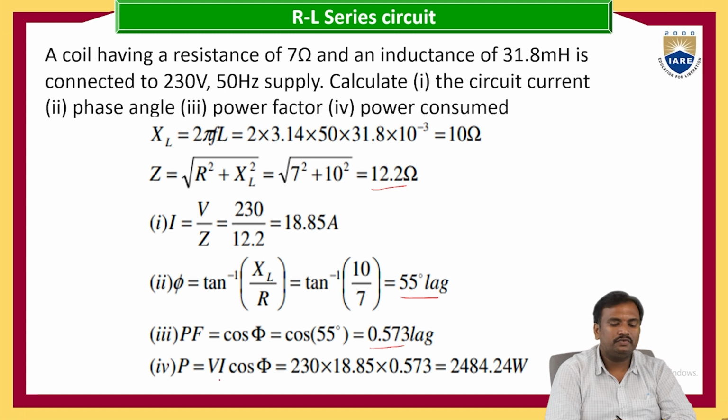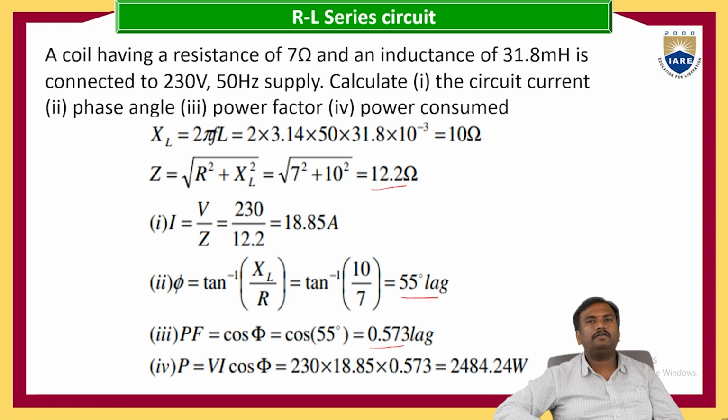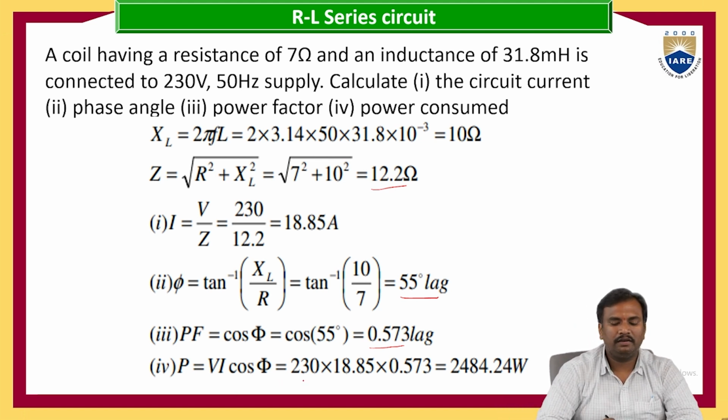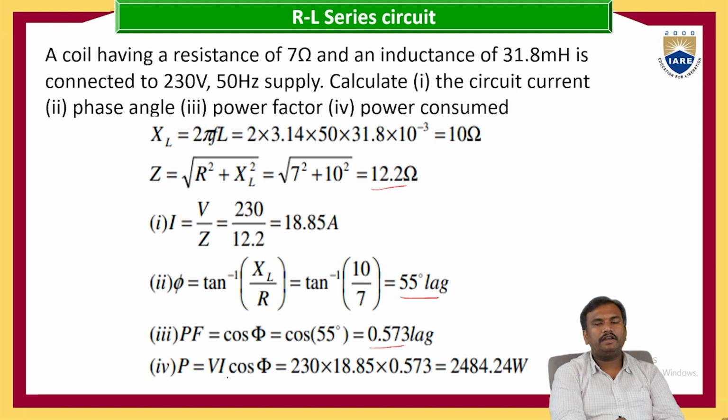And power, in AC circuits the power equation is VI cos phi. So the power P is equal to voltage times current multiplied with the power factor, that is VI cos phi, which is equal to 230 into the current value we got as 18.85 into the power factor we got as 0.573, that is equal to 2484.24 watts.